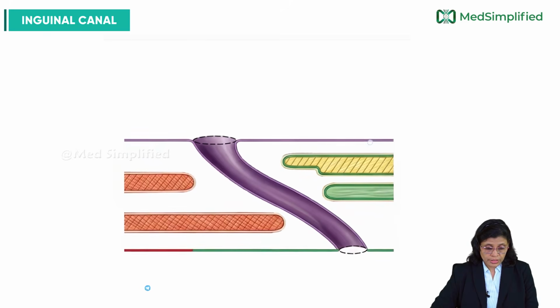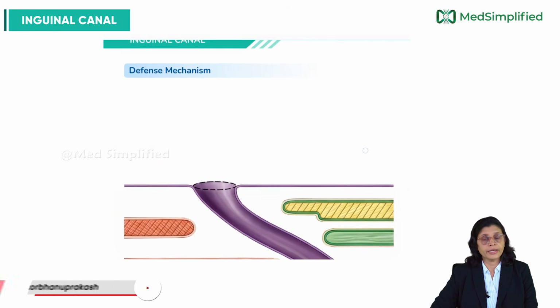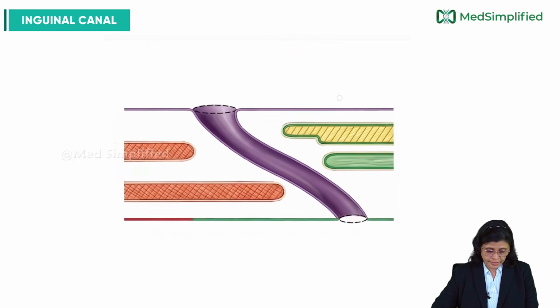Because hernias are common, whenever there is increased pressure, the abdominal viscera can herniate through this canal. So to prevent that, it has its own defense mechanism.